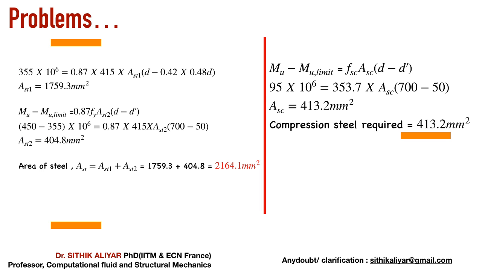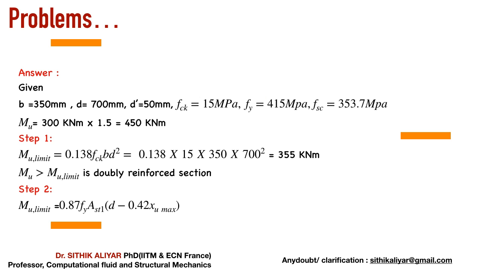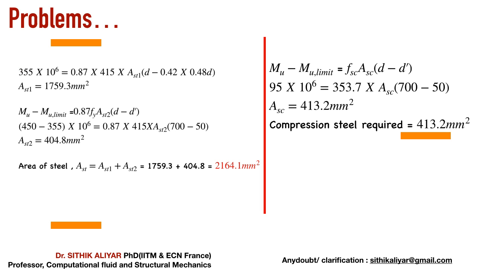I have determined it as, substituting everything, 1750 mm square. Okay. So this is the reinforcement required for this Mu limit. Mu limit is nothing but 355. So for 355 kilonewton meter, you need approximately 1800 mm square.